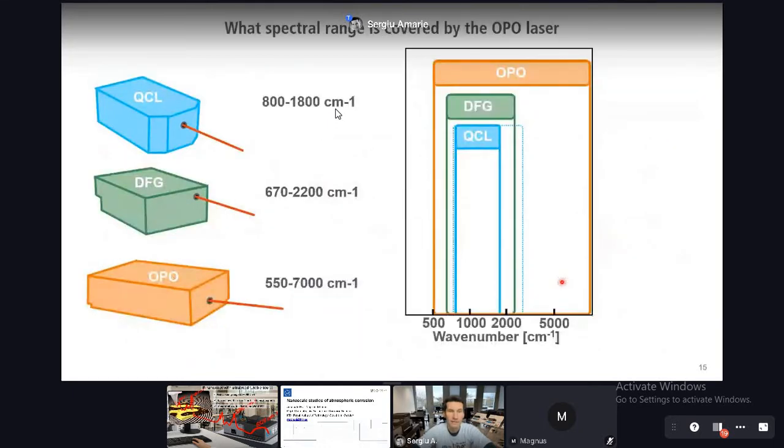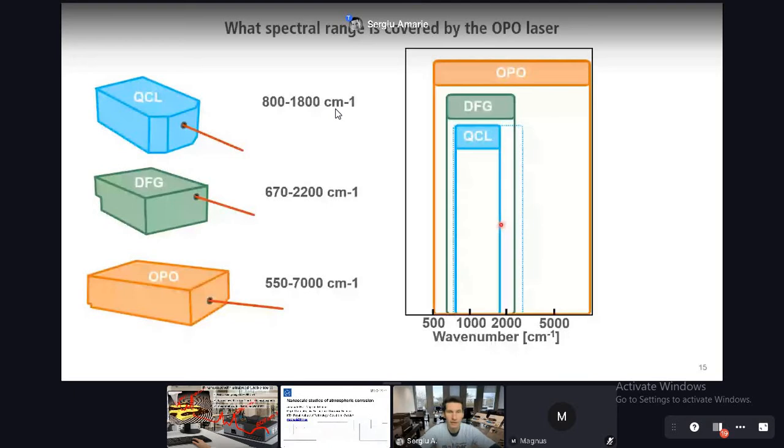The OPIO laser source expands the spectral coverage of the QCL and DFG laser on both sides of the spectrum. For your convenience, I plot on the left side the individual spectral coverage and added on the right side the combined spectral coverage graph.